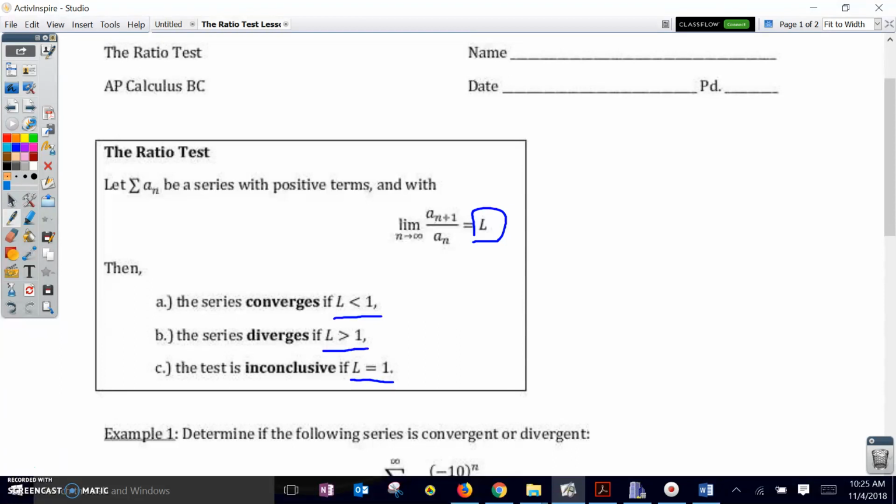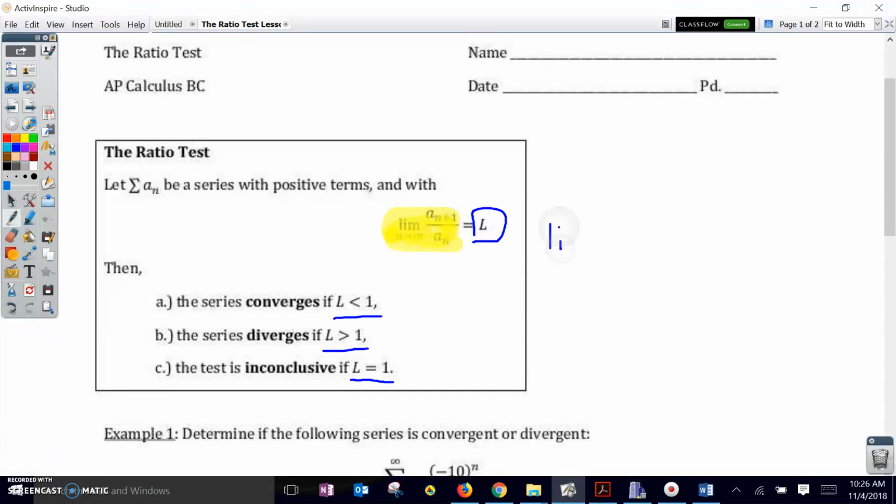Ratio test is really one of my favorite tests that we'll see in infinite series, and it's one that you'll use probably more than any other test. One thing I will say about this, a lot of times we'll use the ratio test on a series where the argument of the series is a rational function.